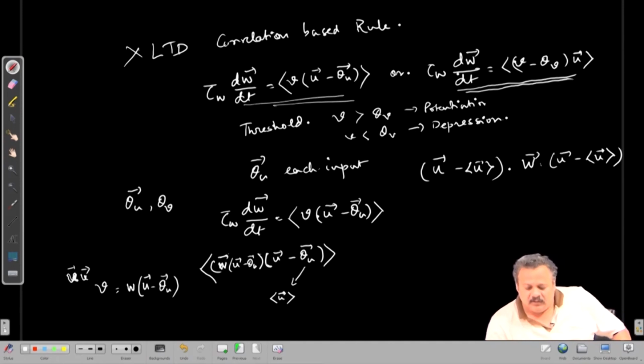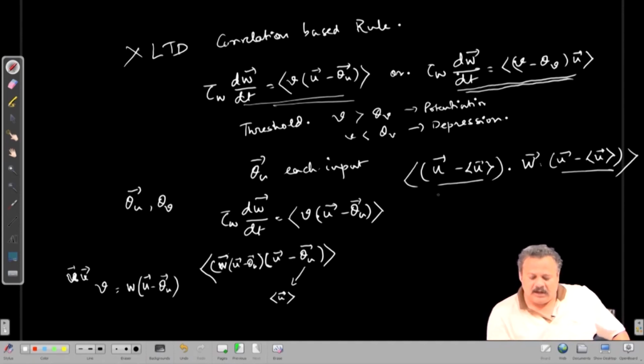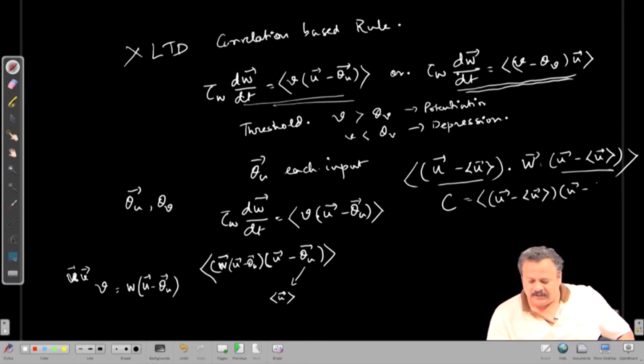So, if we take the product of these two and average them, the w goes out, and what we are left with is our covariance matrix. Let us name it C, because it is the average of (u minus the average of u) and (u minus the average of u), which is the definition of the covariance matrix.